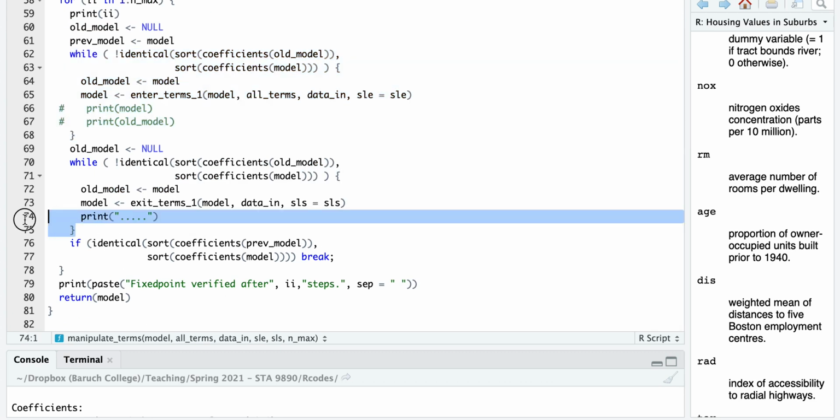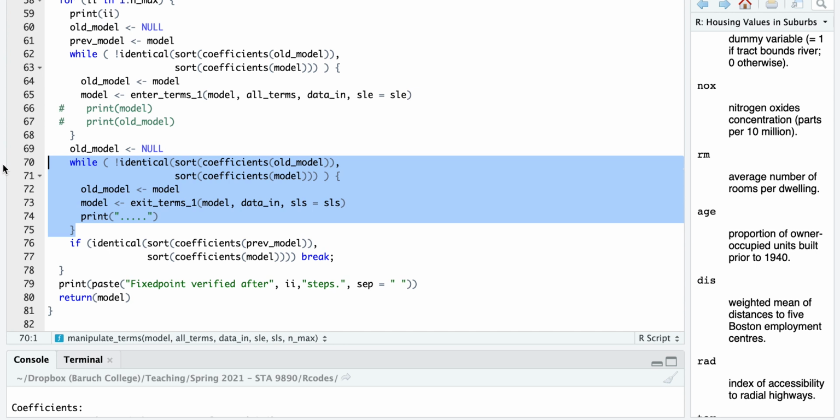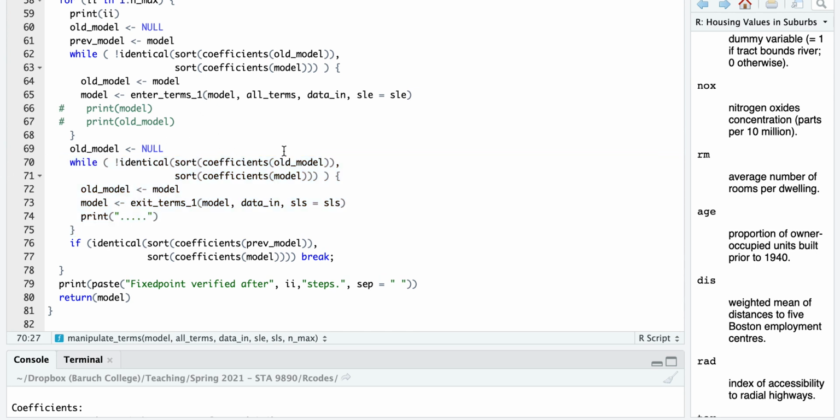Now here we have the backward selection part, where again we have the old model, and the old model is null, so they are not identical, so we enter this while loop. Model will get into the old model, and then we exit terms.